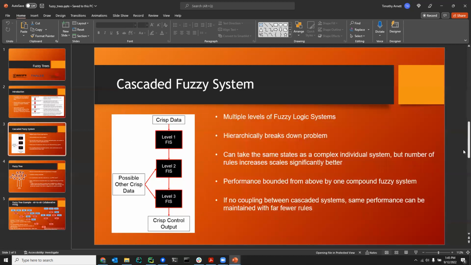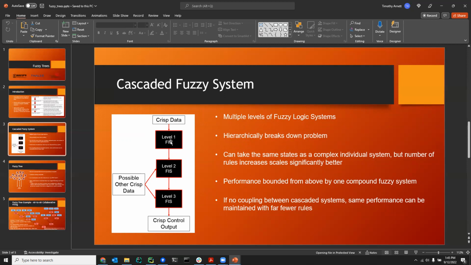So in general, this is what a cascaded fuzzy system looks like, where you're taking in crisp data and feeding it into one FIS. The output of that gets sent to another FIS, and by the way, you may have crisp data coming into the other FISs below. But the important thing is that the output of one FIS is being used as the input to a subsequent FIS.